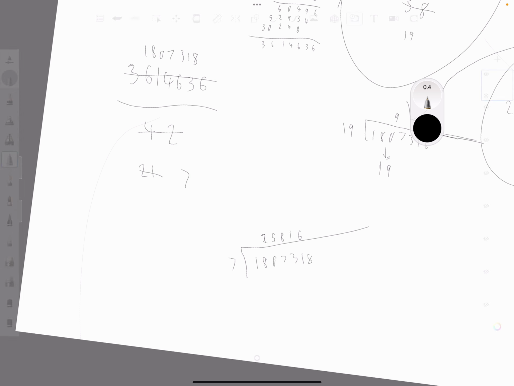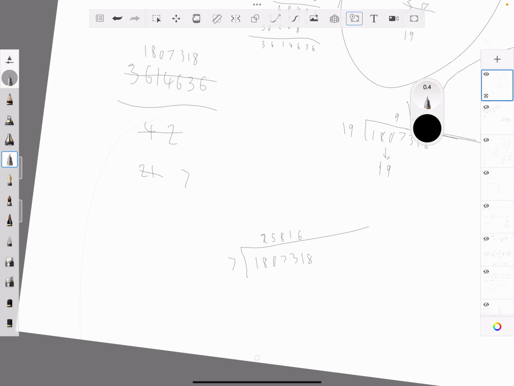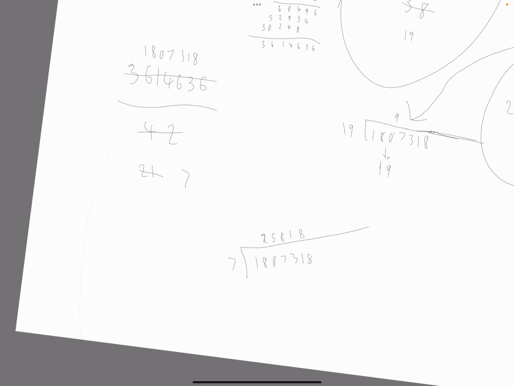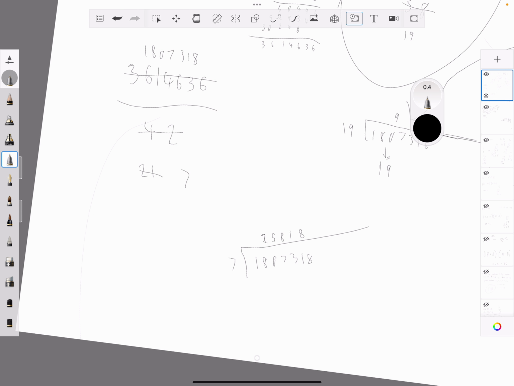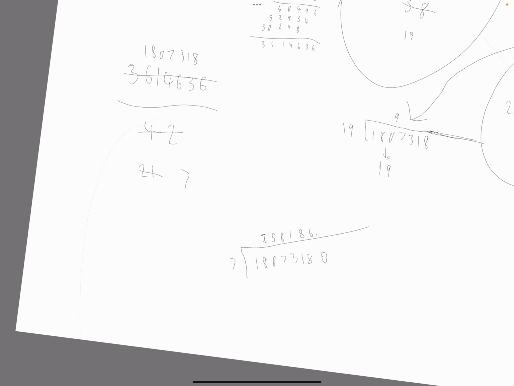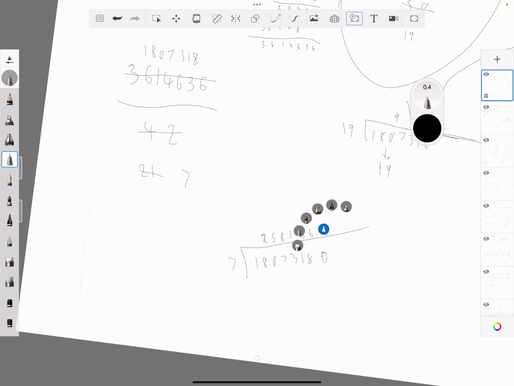How about 6? That's 42. 8 times 7 is 56. 48. 6. 42. 6. 48.